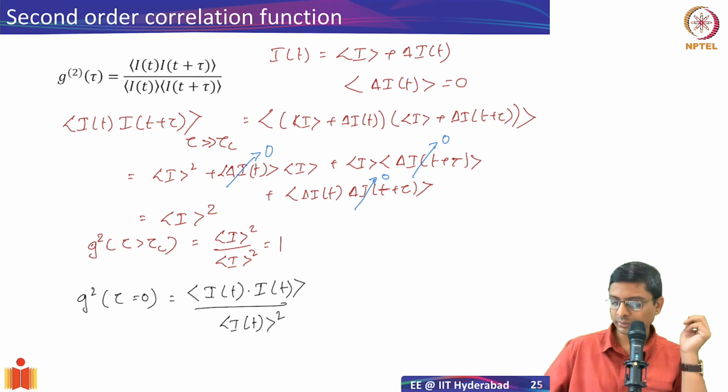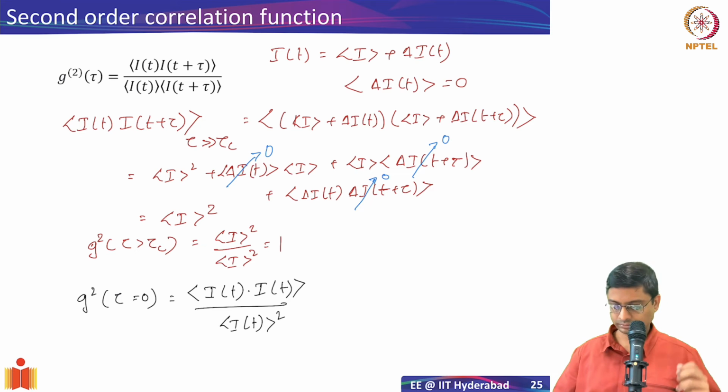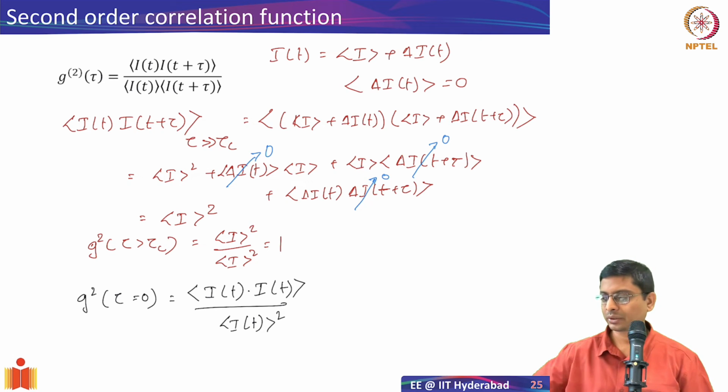This is going to be my G2 of tau equal to 0.